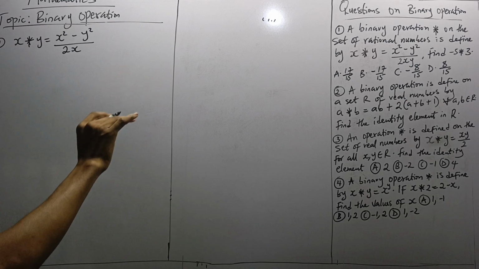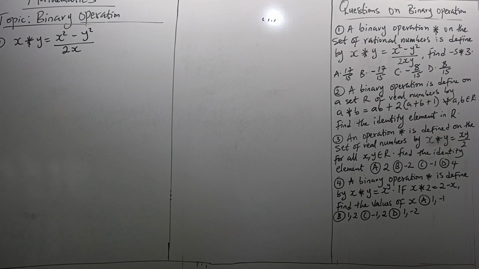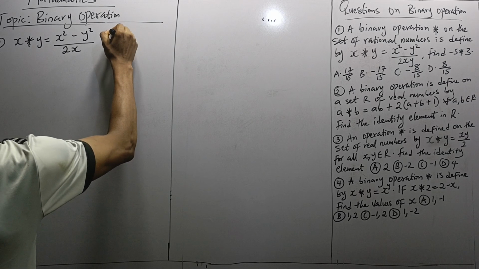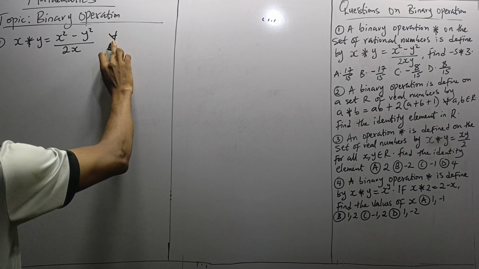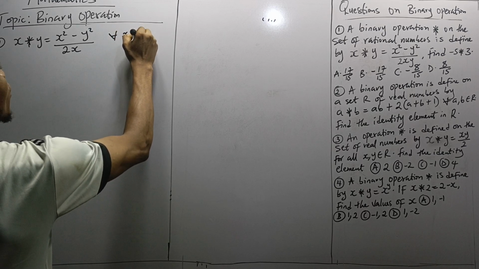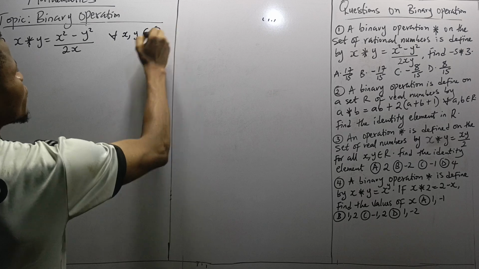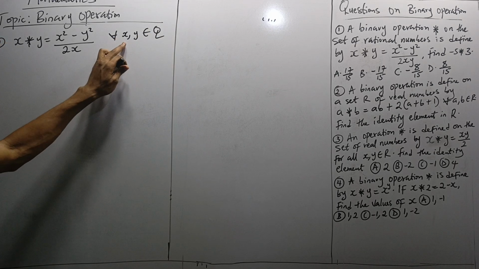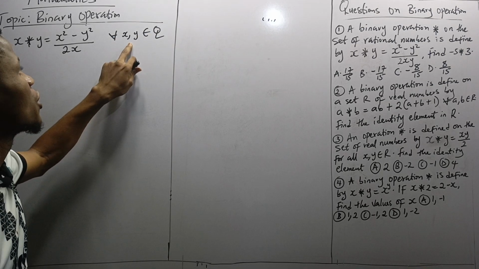If you look at the question, it's defined on rational numbers. Remember we use this for all x and y which came from the set of rational numbers, which simply means that x and y are rational numbers.